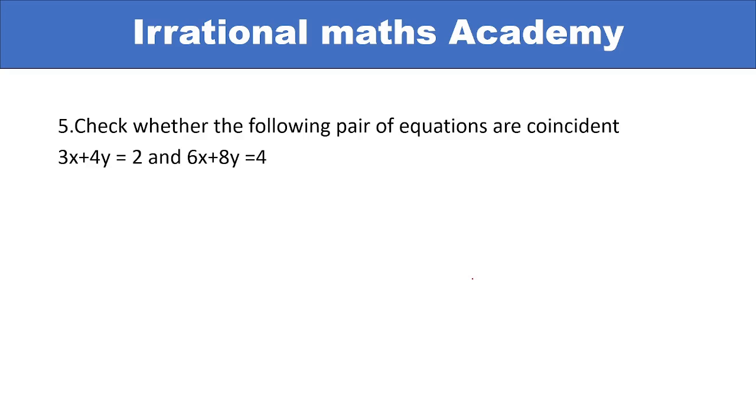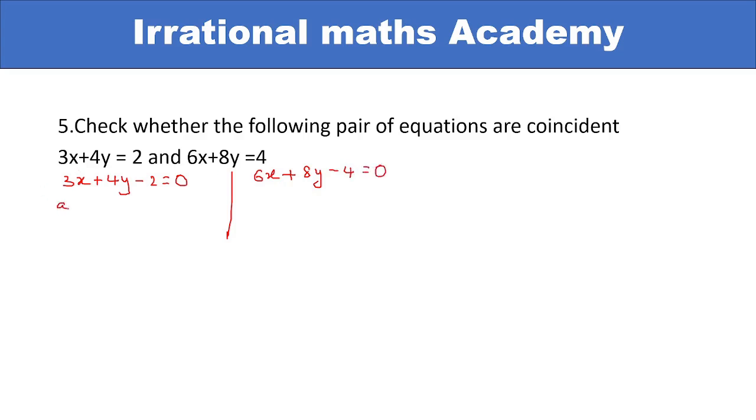Check whether the following pair of equations is coincident or not. First let me write it down in standard form. 3x plus 4y minus 2 equal to 0, and 6x plus 8y minus 4 equal to 0.